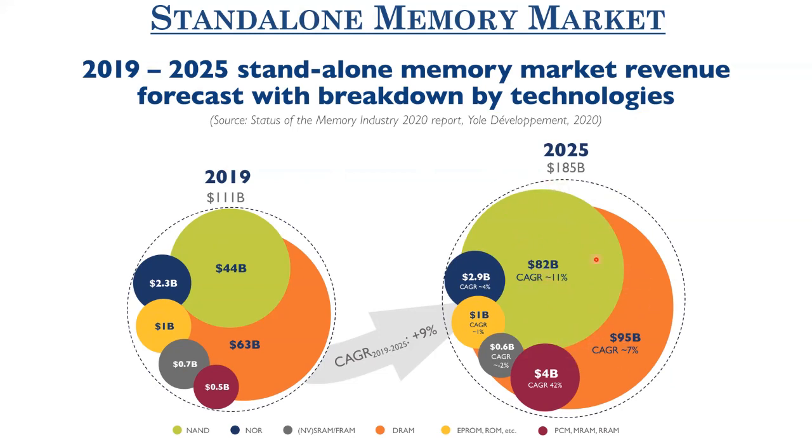NAND flash is expected to grow at a rate of 11% as compared to DRAM, which is going to grow at only 7%. Also, the share of other memories like EPROM, NOR flash or phase change memory devices is also going to increase significantly, especially phase change memory, whose annual growth rate is going to be close to 42%.